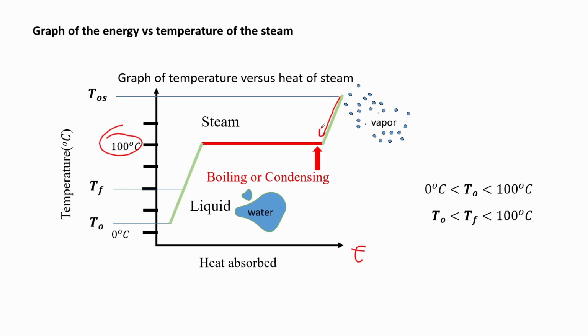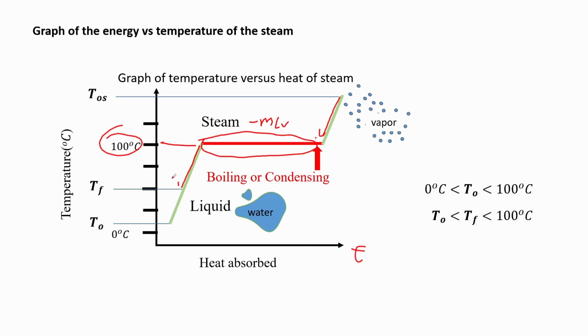Then after that, the steam is converted into water, and it has to go through the condensing process, where we apply the minus mLV here. Then after it is completely transformed, at this temperature of 100 degrees Celsius, it is then lowered to the final temperature, from 100 degrees downward.